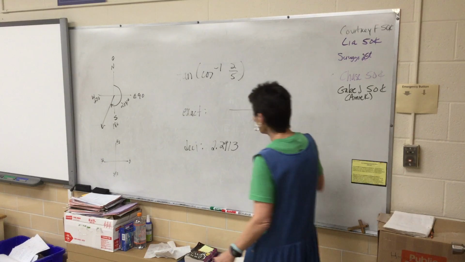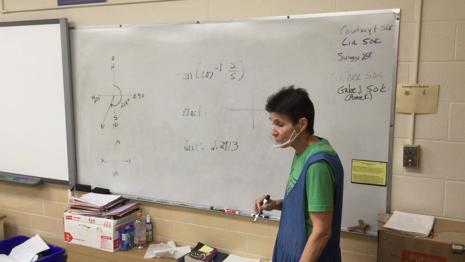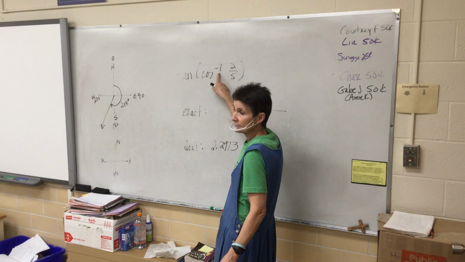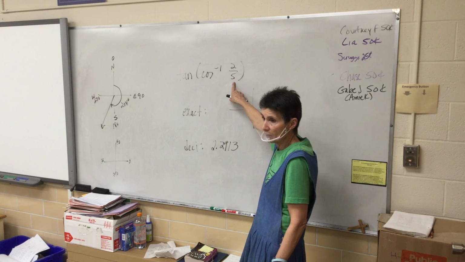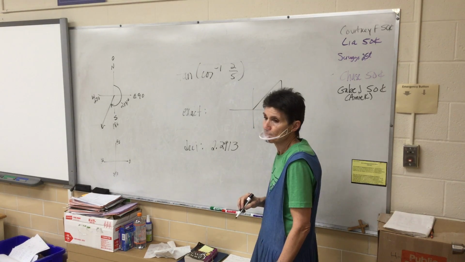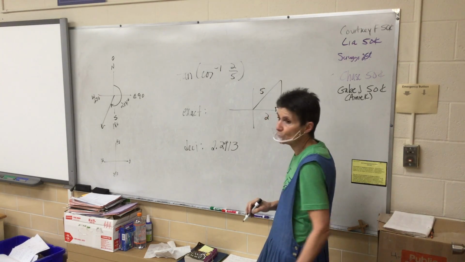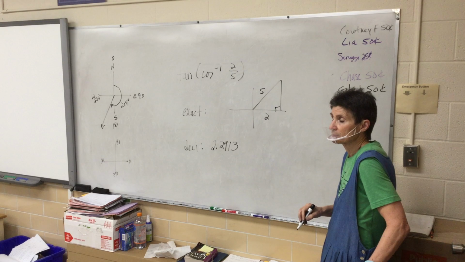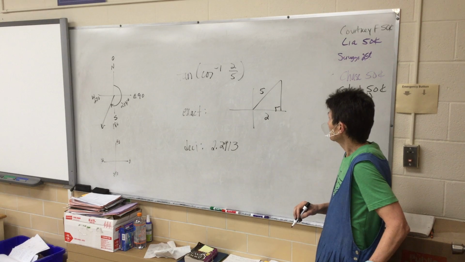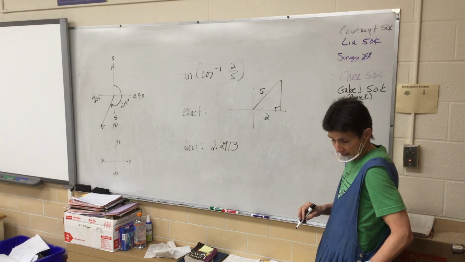Now, to do this exactly, I need to draw a picture. This notation, a positive number, tells me to draw it in quadrant 1. It says the cosine is 2/5, adjacent over hypotenuse. What do I need to do now? Find the opposite, the other side. That's right.